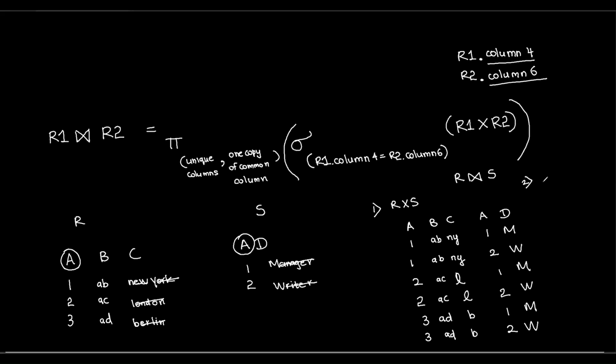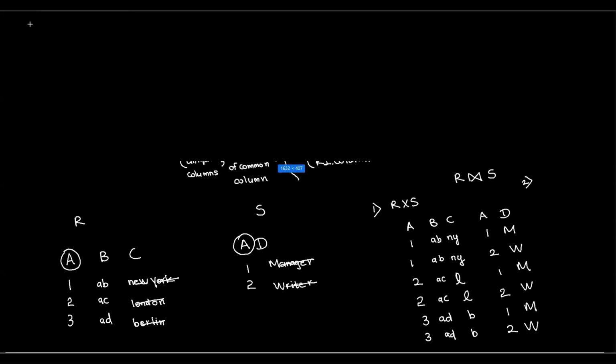And in the second step, we know we will be performing the selection: R dot A equals S dot A. Since we are performing this now, we will be looking at only the equal values.